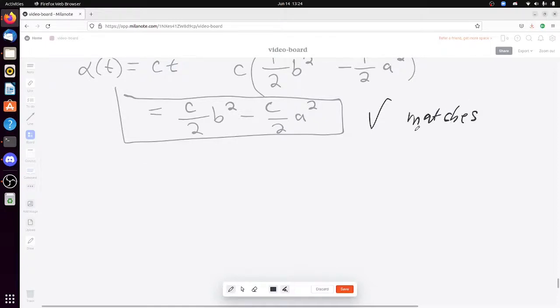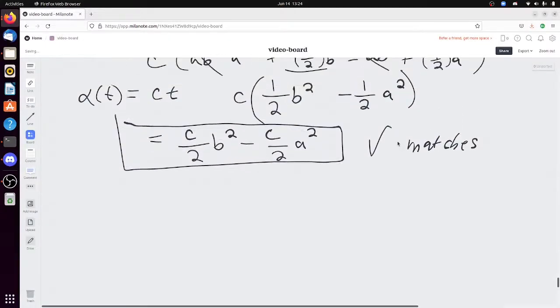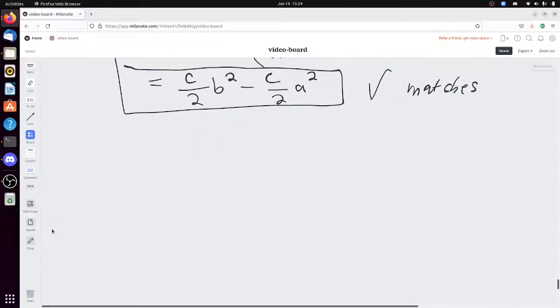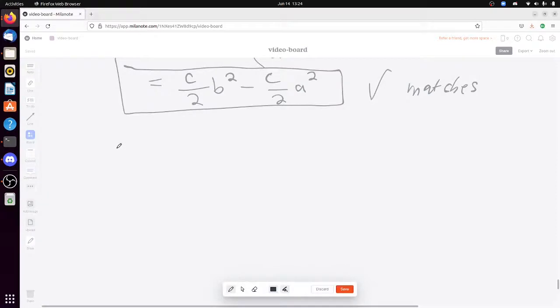So, if you think about what we did in this video, just to do a brief recap, we basically found the integral from a to b of c dt, and we found this. All the work we did in this video was really just to integrate these two functions, c and ct.